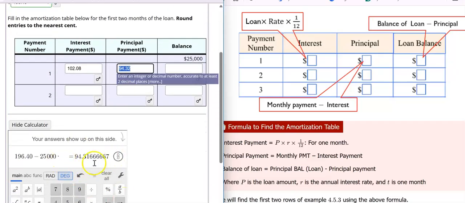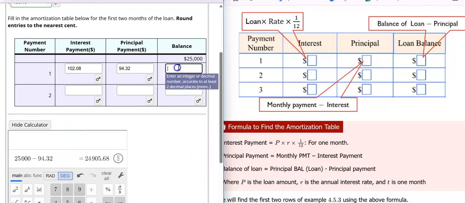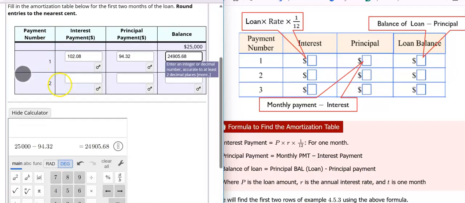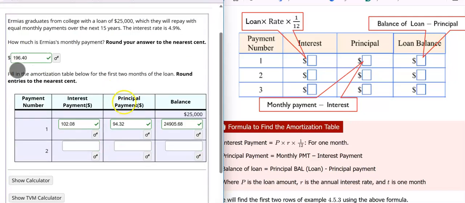So $25,000 minus $94.32 gives $24,905.68. That's the balance of the loan after the first payment. Let's submit to check that we got it right, and you get a good score.